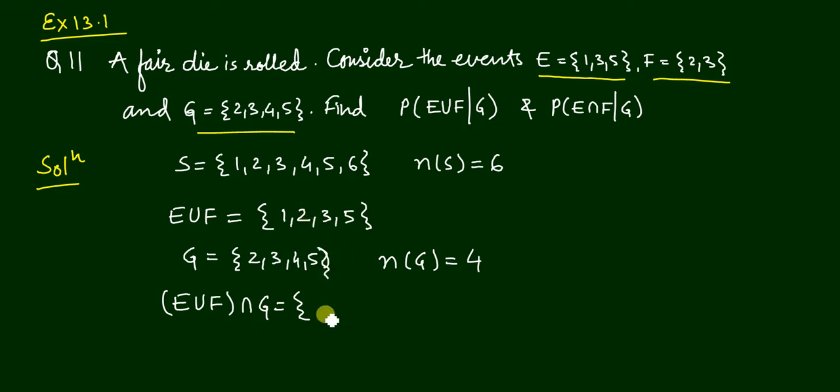See, what we have, 2, 3 and 5. 2, 3, 5 is common. So the number of elements in E union F intersection G is 3.